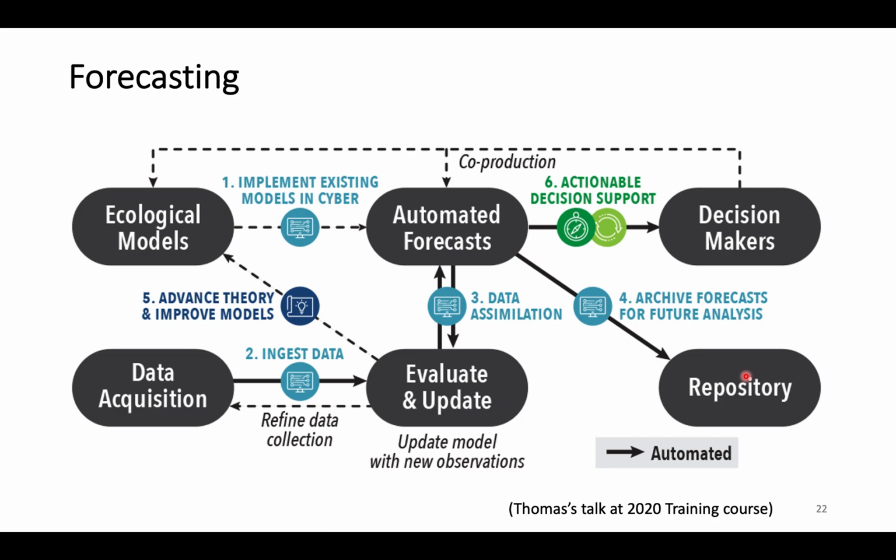Data acquisition is to obtain real-time observations and to compare this data with the forecast. The forecast is then updated with the observations through statistical analysis such as data simulation. The forecasting results are archived for future analysis and communicated to policymakers for their decision-making processes.